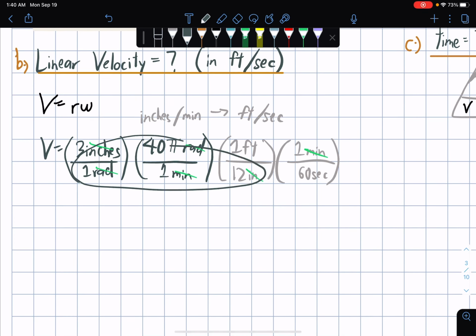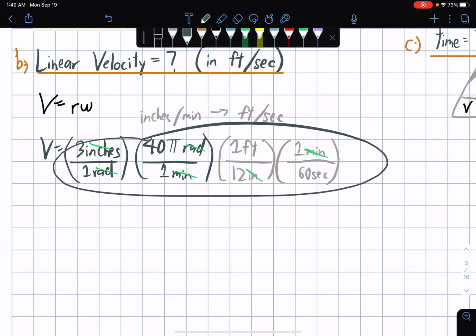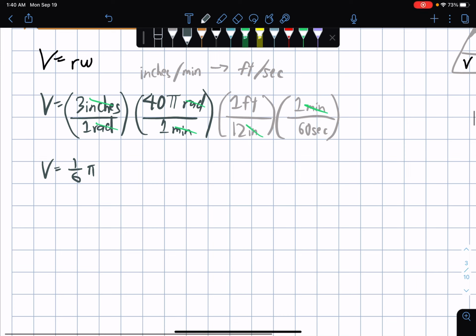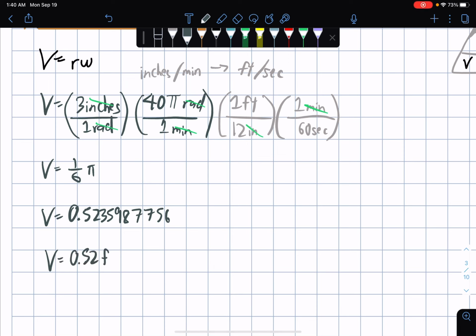Put these values in the scientific calculator, and we get 1 over 6 pi, which is 0.5235987756. V is equal to 0.52 feet per second.